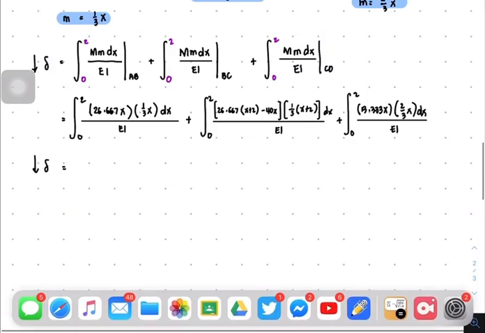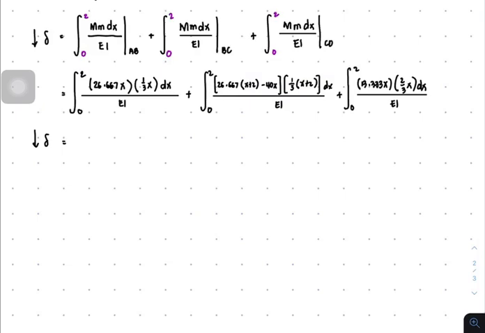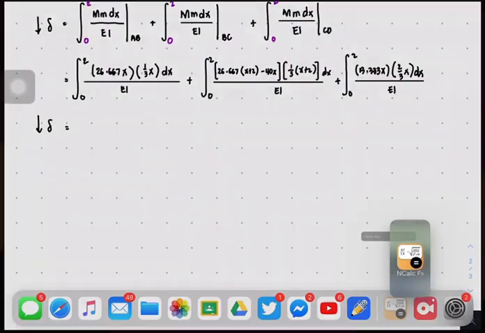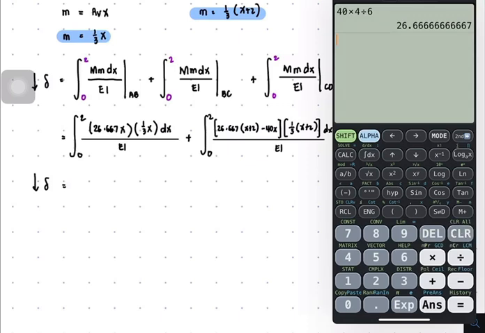So let's start with this integral. So let's clear that all.